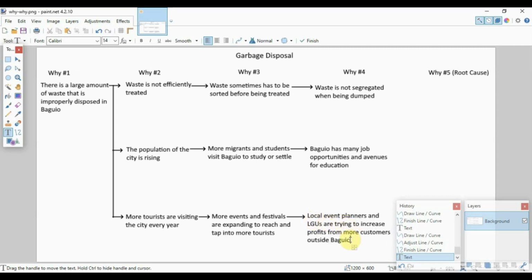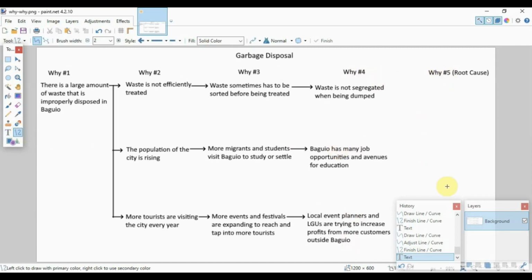So obviously, more people who visit the festivals here, more people who visit the different events means more people likely to spend money on the local shops, local stores, and whatnot. So that means more profits. Okay, so that's now our fourth set of whys.